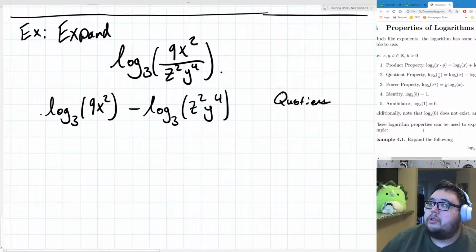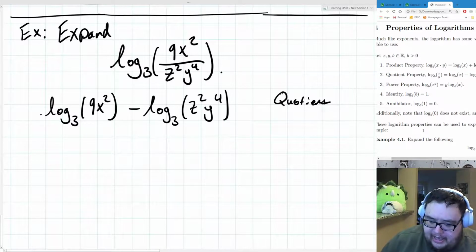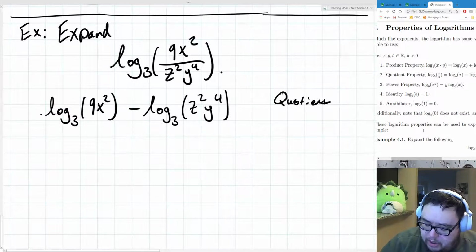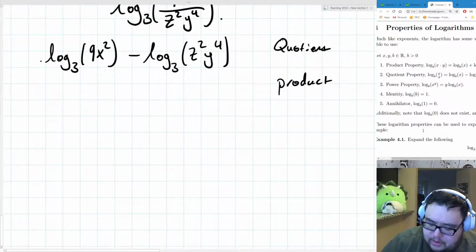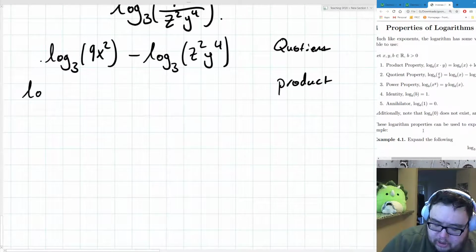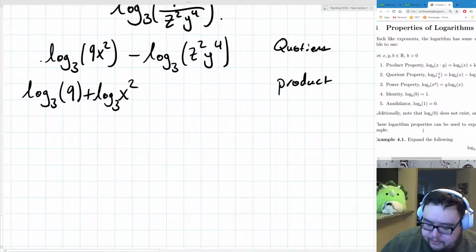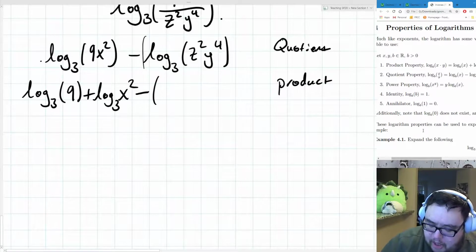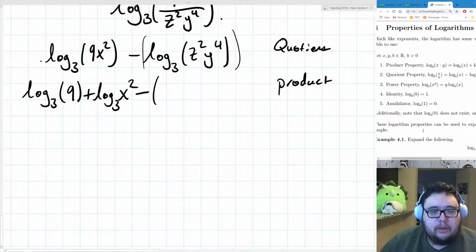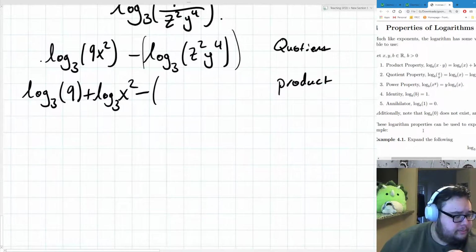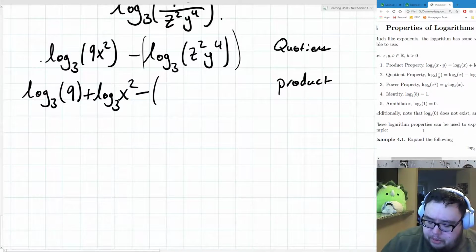So we used our quotient property there. And then in each of these two parts of our quotient, our numerator and our denominator, we can use some product properties. So we get log base 3 of 9 plus log base 3 of x squared minus, and we're subtracting this entire denominator here, so I'm going to put parentheses around it.